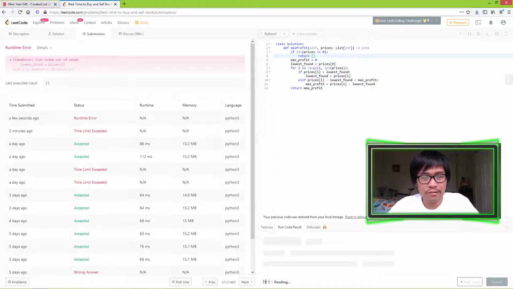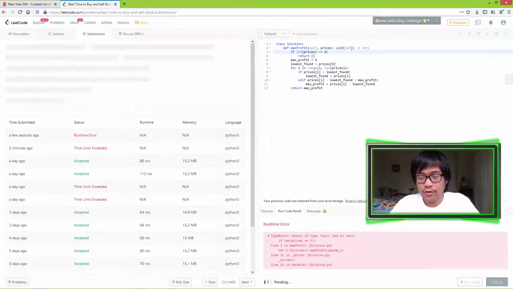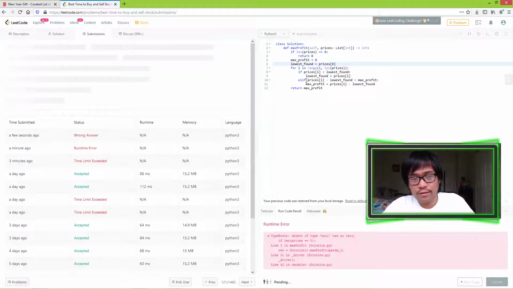This isn't the way I did it, so I'm going to look at the source code to see how I did before, but I did not run into that error earlier. Yeah, I didn't run into this error before, so this is my first time running into this. So expected 0. Okay, so it's a return 0. I guess we could do the lowest found is equal to 0 as well. That might be it.